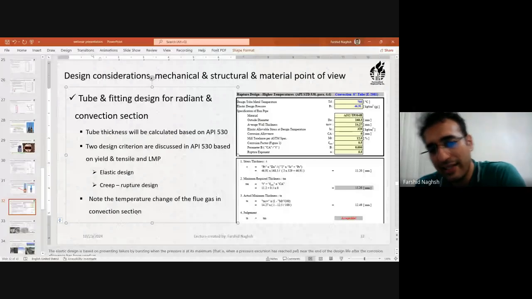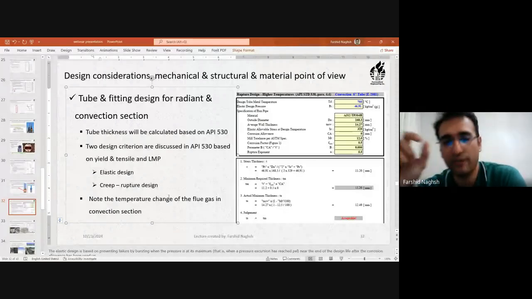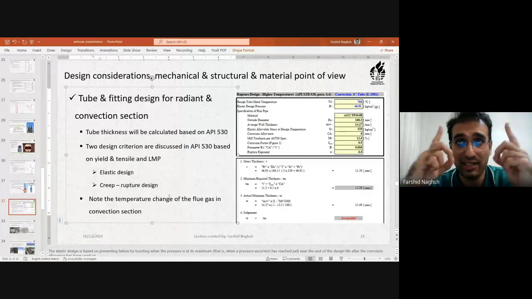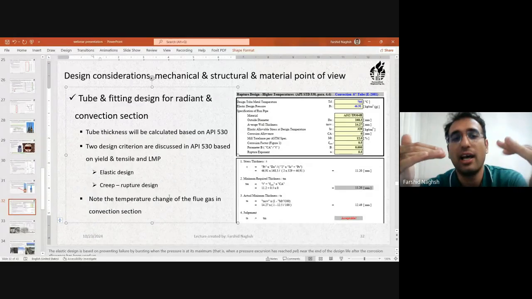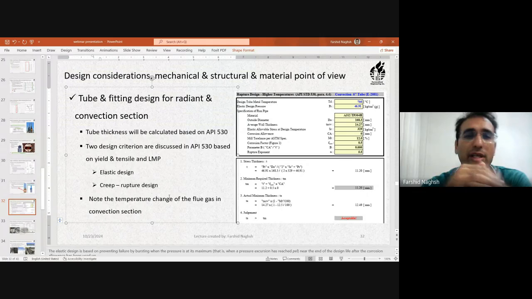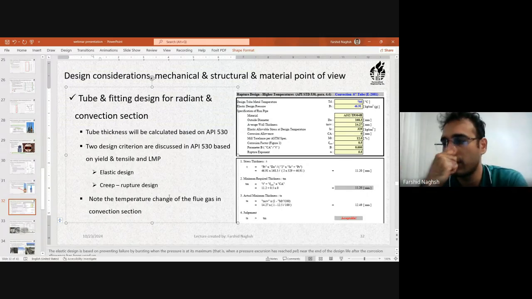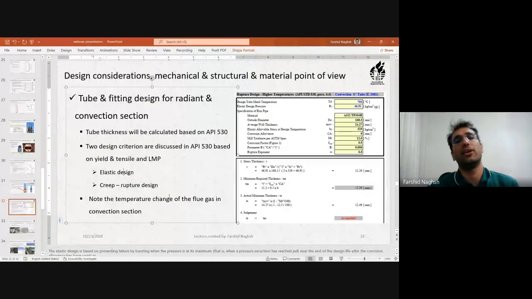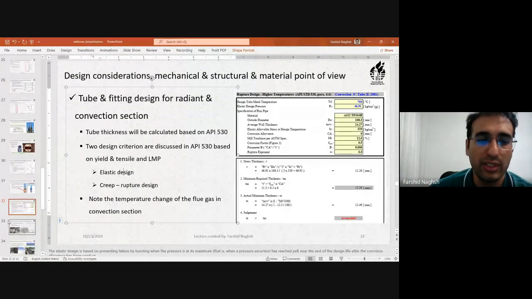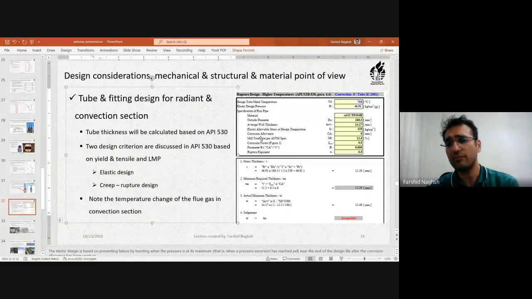As I said earlier, it is possible to change the metallurgy of the tubes as the flue gas inside the convection section goes up. Because the temperature decreases, you can reduce the metallurgy and use a less strong tube inside the convection section.